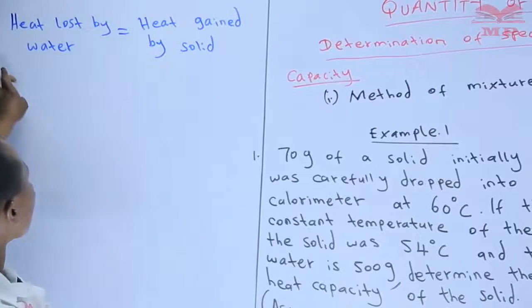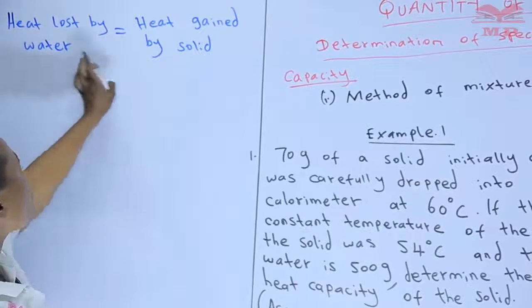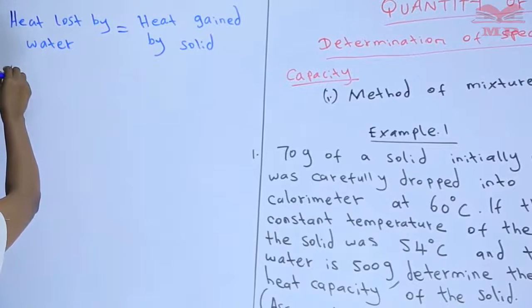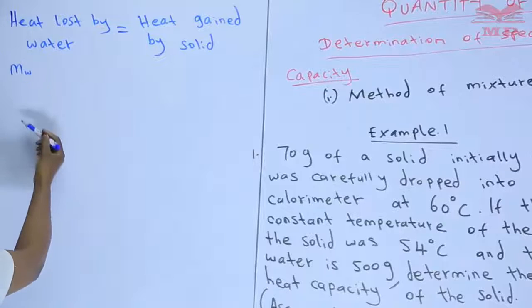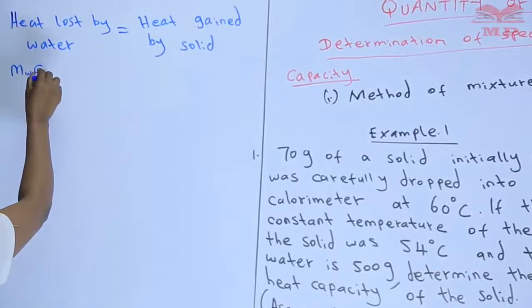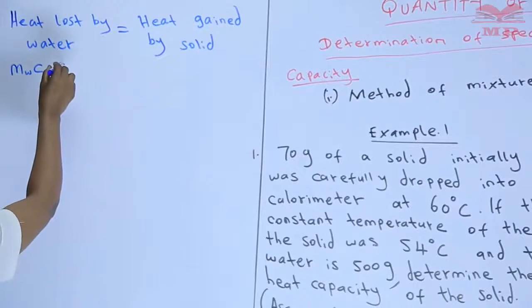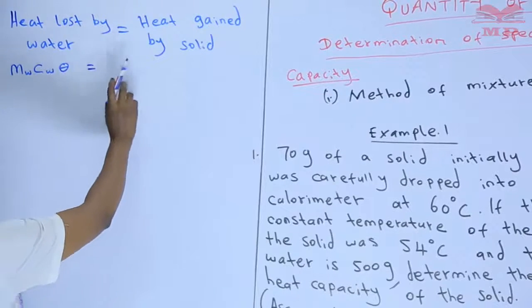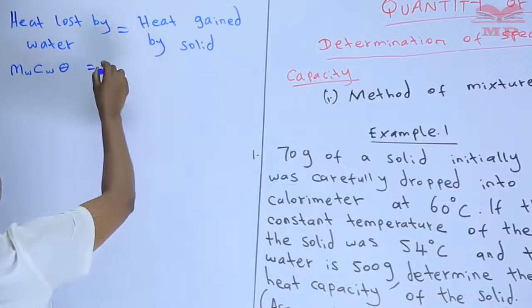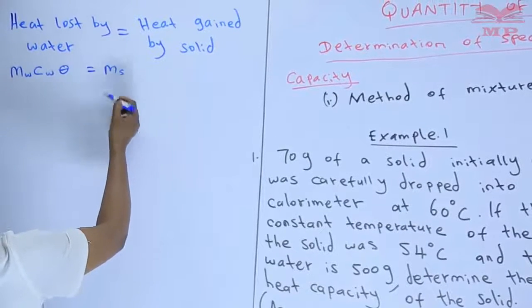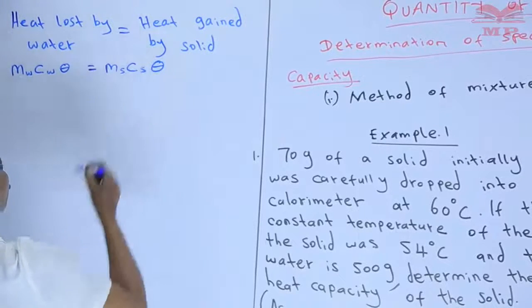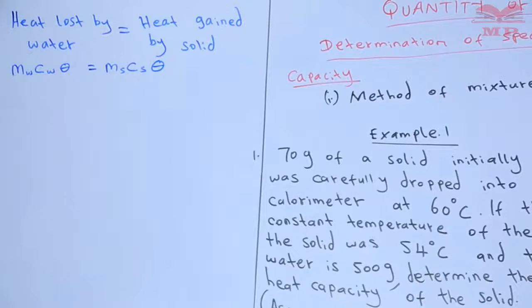But before that, we can write first the formulas here. Heat lost by water will be given by the mass of water times the specific heat capacity of water times the change in temperature, which is equal to heat gained by the solid: mass of the solid times the specific heat capacity of the solid times the change in temperature.